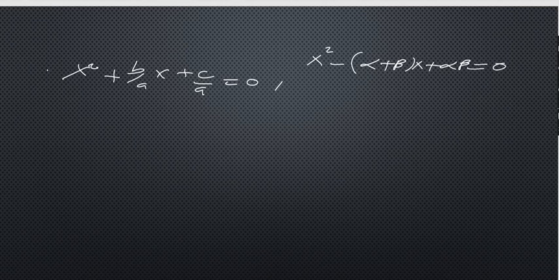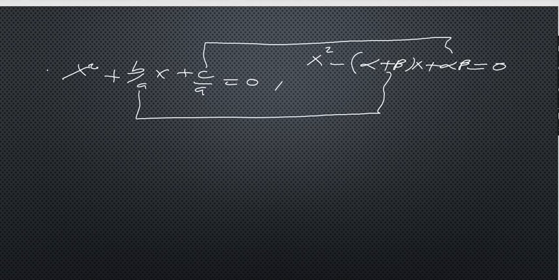Okay? What we are going to do here, we are going to compare. So, this one is similar to which one? This one, isn't it? And this one is similar to this one.